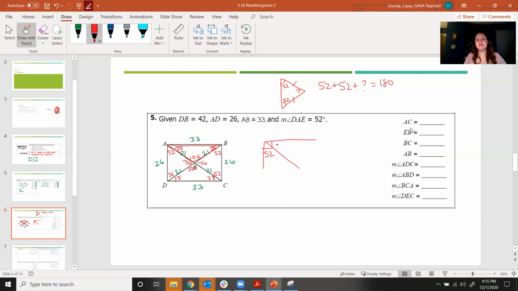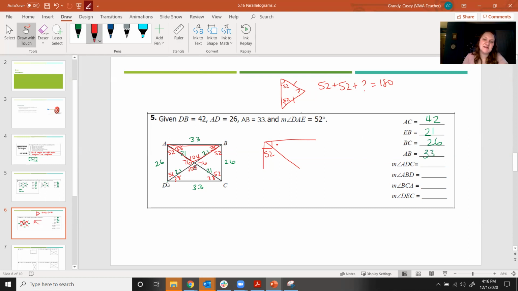Now I have everything I need to answer all these questions over here. AC is 42. It's the length of this entire diagonal. Each piece is 21. EB is 21. BC is 26. AB is 33, and it told us that. Now angle ADC.